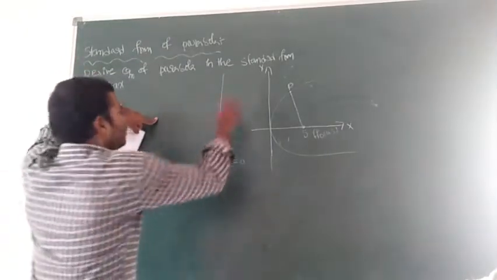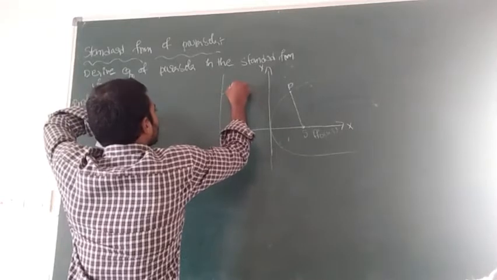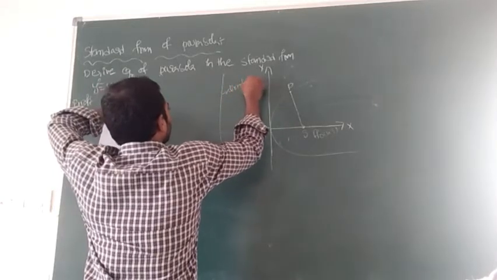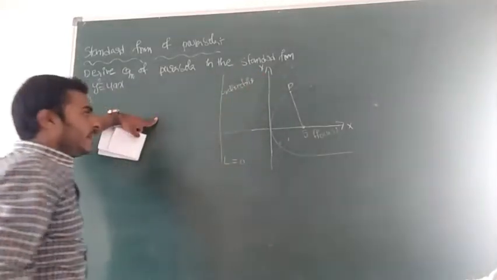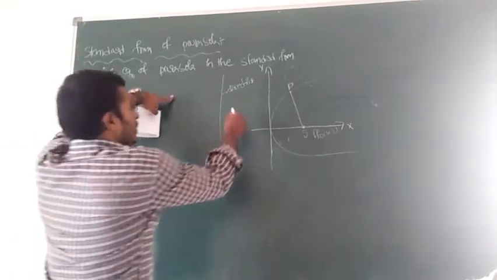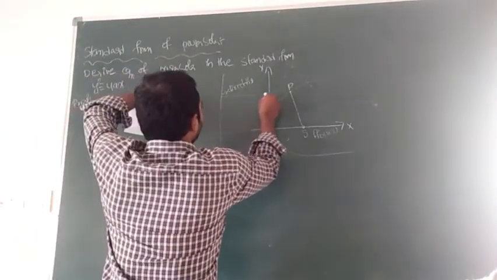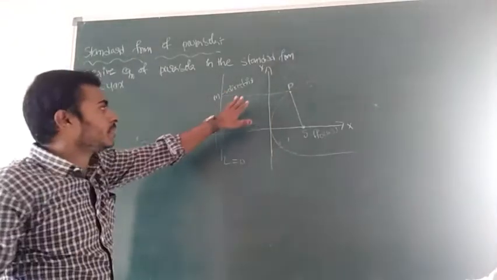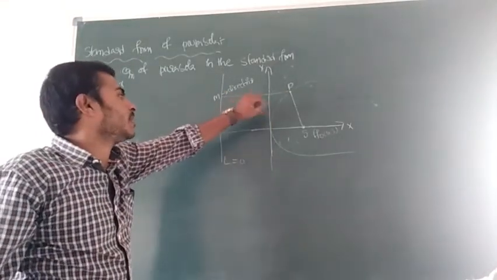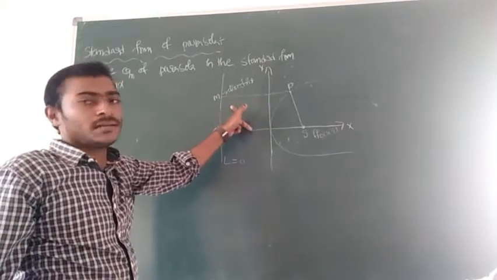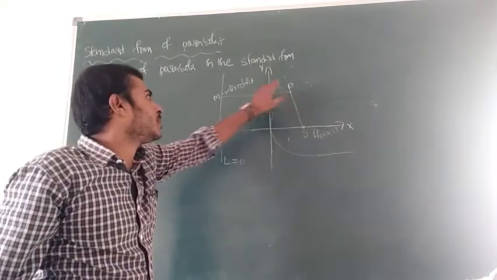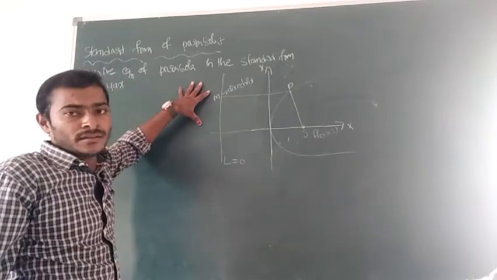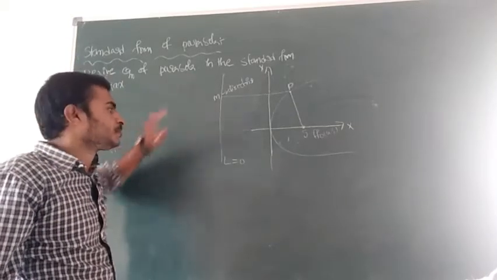This fixed line is called the directrix. Here we draw the perpendicular distance PM. PM is the perpendicular distance from the point P to the fixed line L, that is, the directrix.